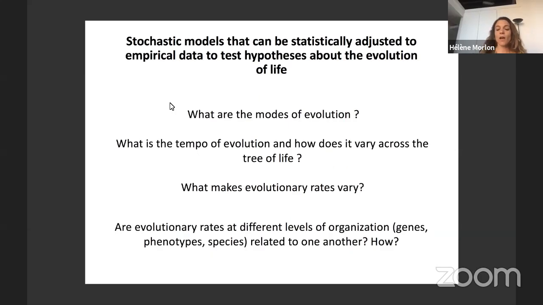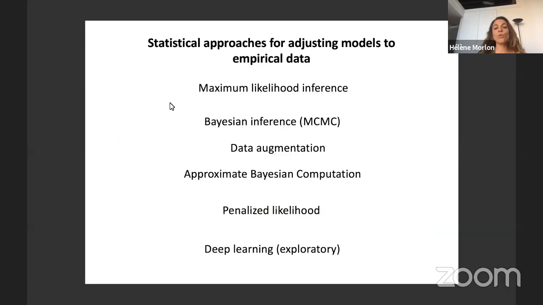But first, I just want to say a small word about the type of statistical techniques we use to adjust the stochastic models to empirical data. Those are either maximum likelihood inference, in which case we really need to have ways to compute the likelihoods associated to our models, or Bayesian inference.